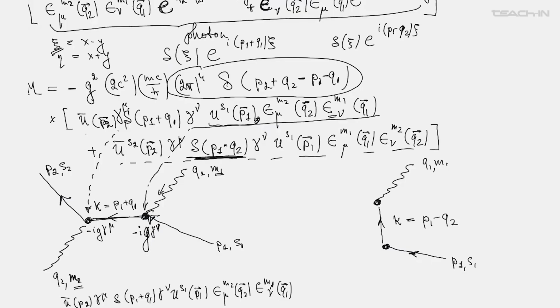And after that you have the electron coming out, P2 S2, and another photon coming out. Let's denote its momentum like this: Q2 M2. Again there is an interaction vertex, minus Ig gamma nu here and minus Ig gamma mu here.